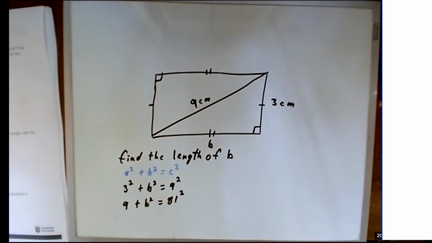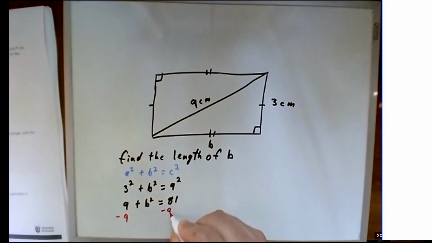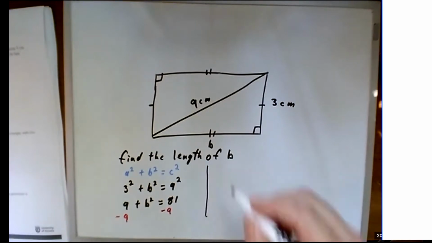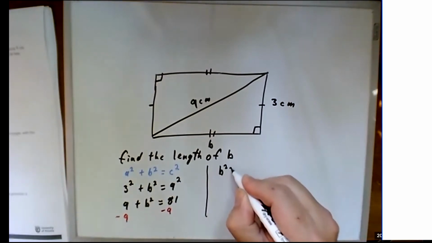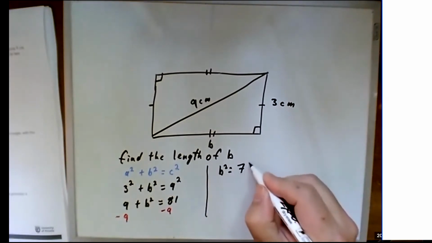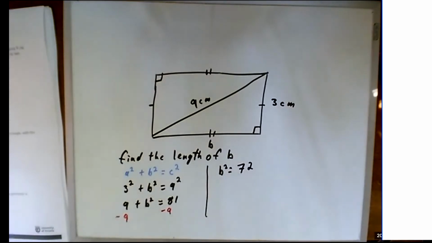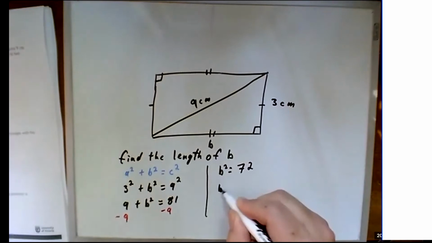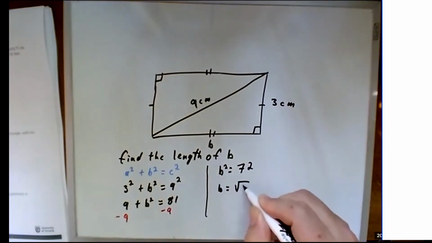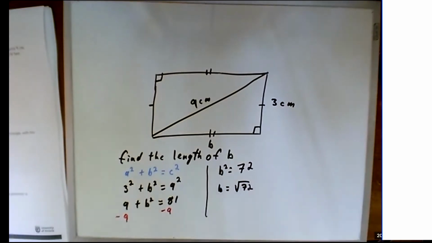I'll subtract 9 from both sides. And when I do that, I discover that b squared is going to be equal to 72. Because b squared is equal to 72, I'll know that b is equal to the square root of 72.